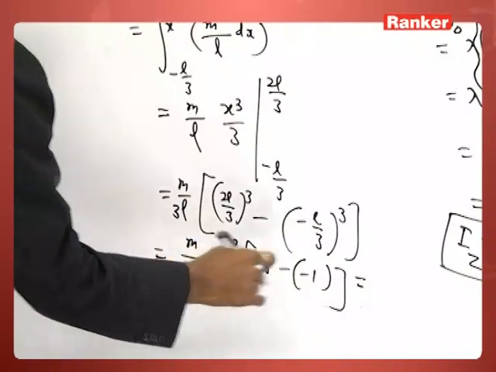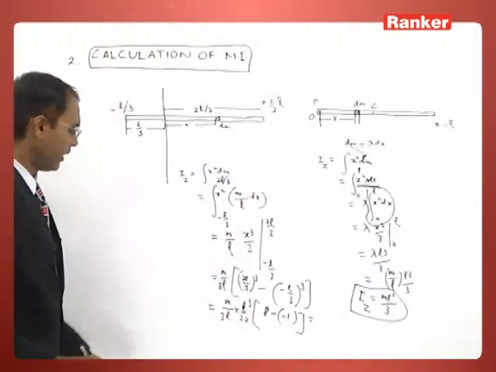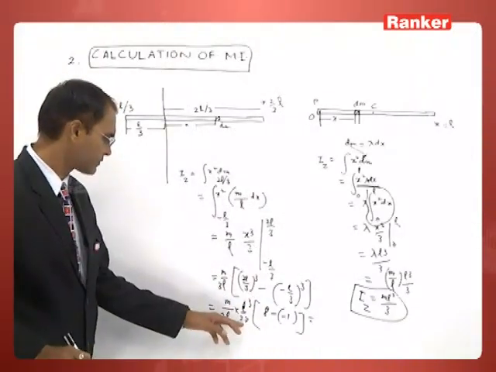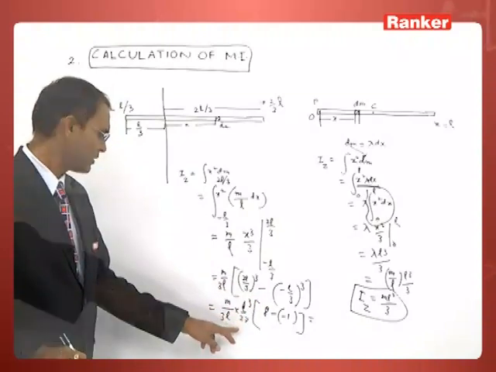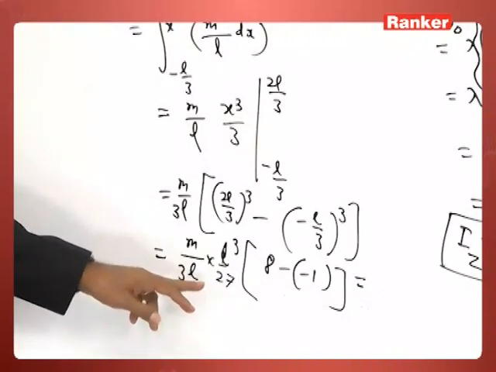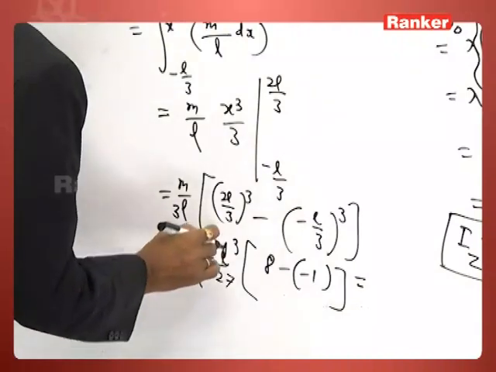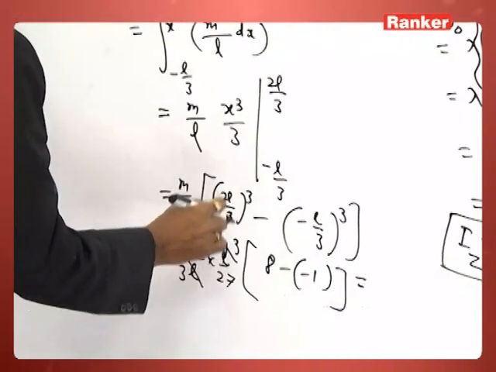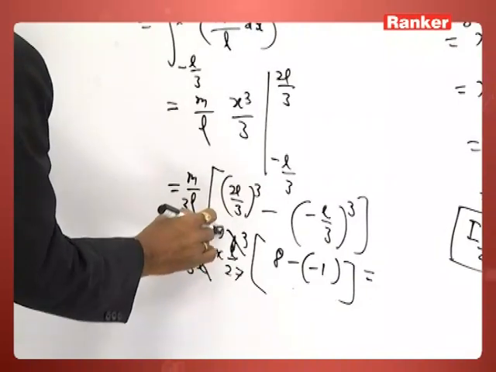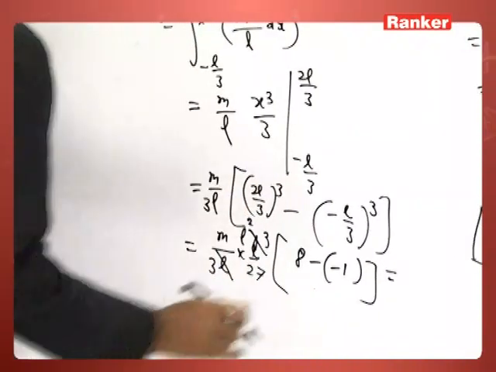9 in the numerator will get cancelled with 9 in the denominator, and L in the denominator will be cancelled with L in the numerator. So in numerator we are getting L square.